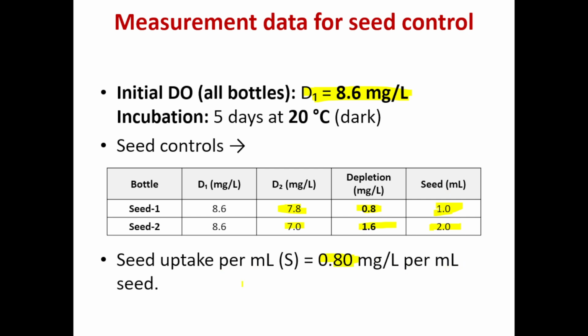You can see here we have used 1 ml seed, so its depletion is 0.8. Here we have used 2 ml of seed, so the depletion is 1.6 mg per liter. So we just simply need to divide it by 2, and the value will be 0.8. When we take the average of these values, we find 0.8 mg per liter per ml seed.